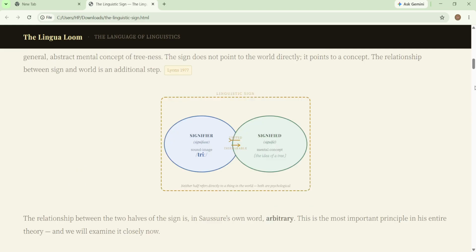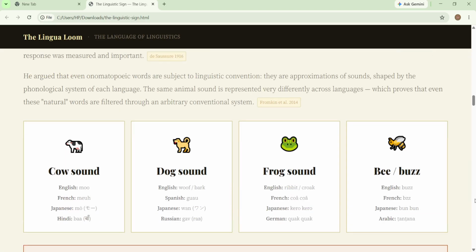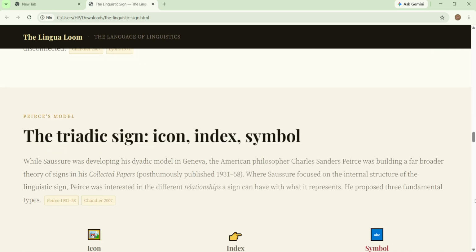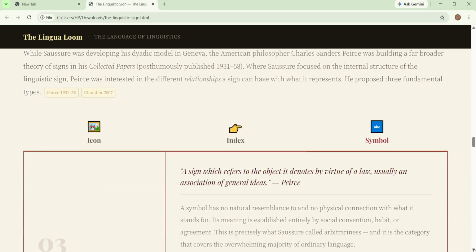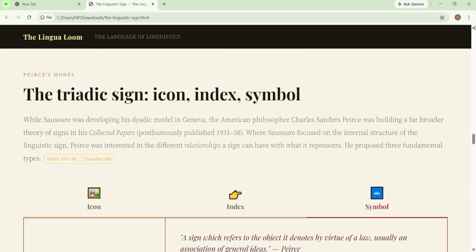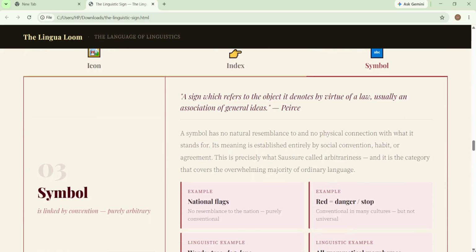Okay, this is Saussure's model. The linguistic sign consists of signifier and signified. Then let's look at the triadic model by Peirce, which consists of icon, index, and symbol.